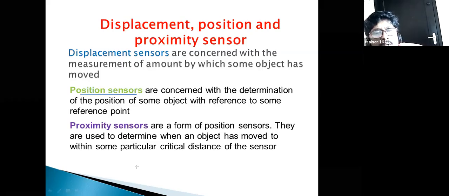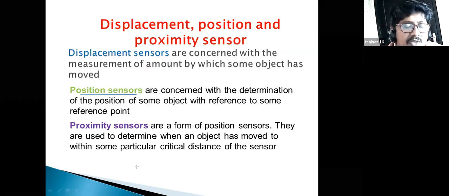Non-contact type of sensors means the object is very near, within some constrained distance only it will respond. Otherwise, it will not respond. Remember this point. These non-contact type of sensors are used in a wide range of industries.